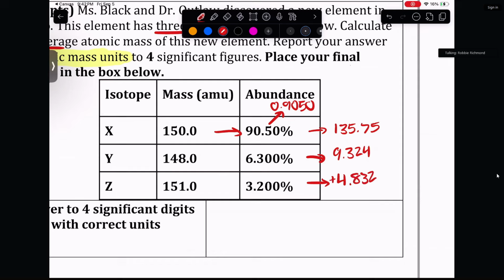And all I have to do is add these numbers up, and since the question says round to 4 sig figs, I'm not really worrying about the amount of sig figs that I have right now. I'm just going to add everything up in my calculator.